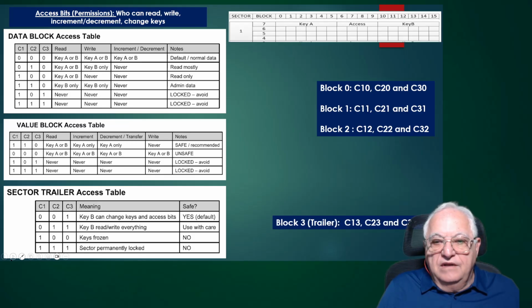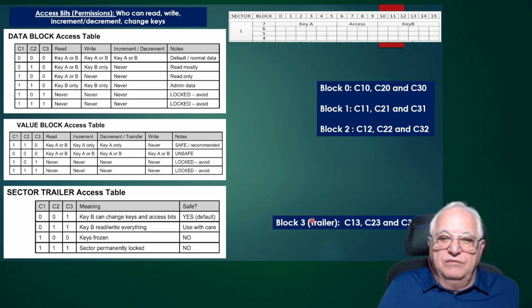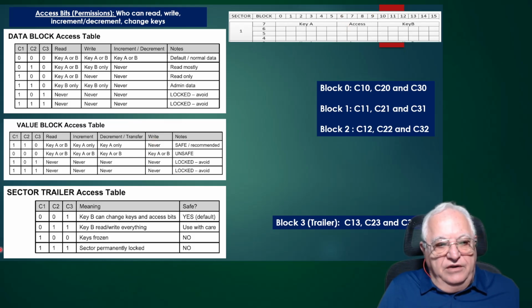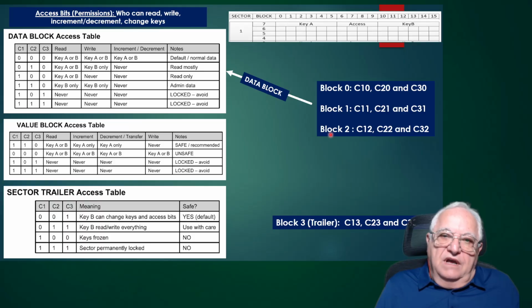Now, for the trailer, which is block 3, I'm going to call it C1_3, C2_3, and C3_3. Now, these are the parameters. I haven't mentioned how we're going to store all these things in these 4 bytes. I'm not there yet. So if any of these blocks are data blocks, then the values C1, C2, C3 are going to be driven by this table.